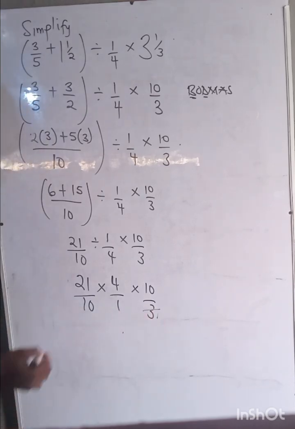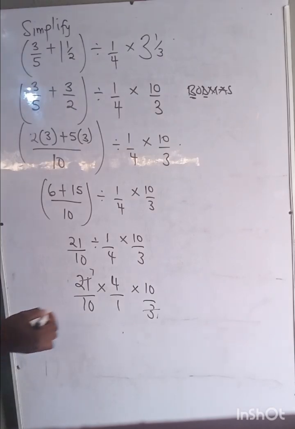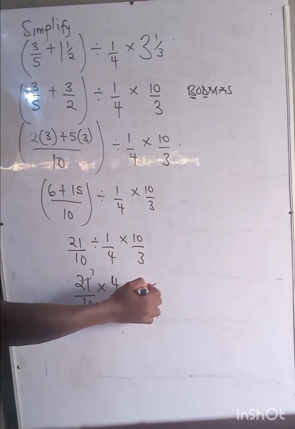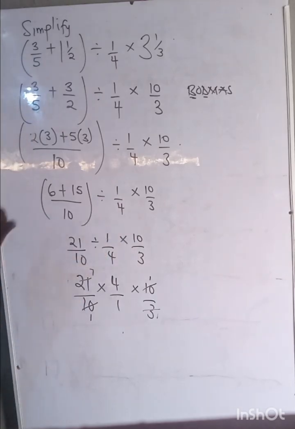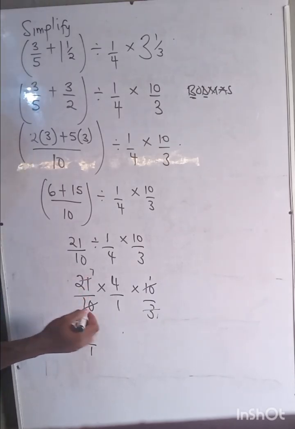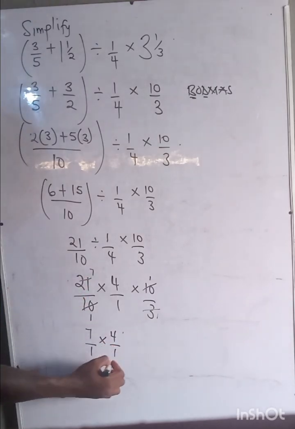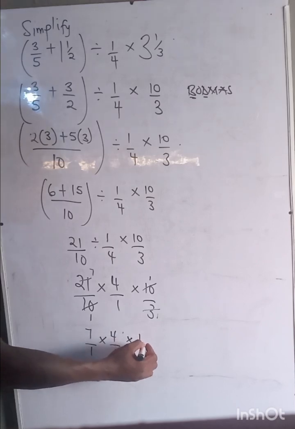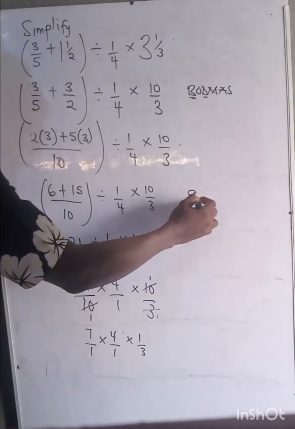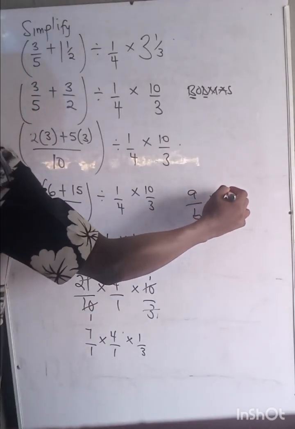For example, 3 can be factored into 21, that is 7 times, and the 10 can be factored into the other numerator 10, which is 1. Don't forget that we only factor denominators into numerators, not numerators into numerators or denominators into denominators. So we have 7 out of 1 times 4 out of 1 times 1 out of 3.